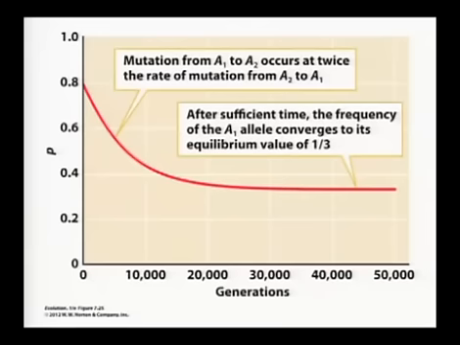So it hits an equilibrium at an intermediate rate, and that's exactly the same as the ratio of mu to nu, right? But it takes a long time, and the reason why it takes a long time is because mutations are not super common events.